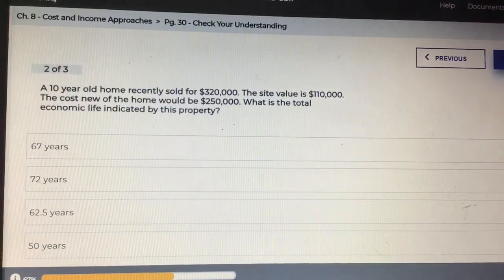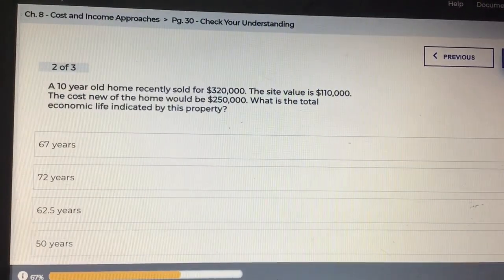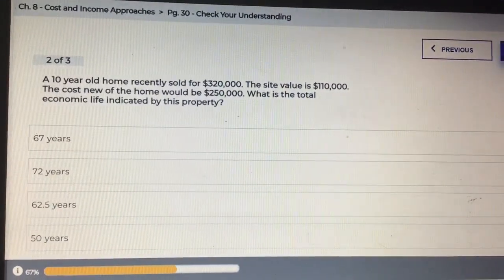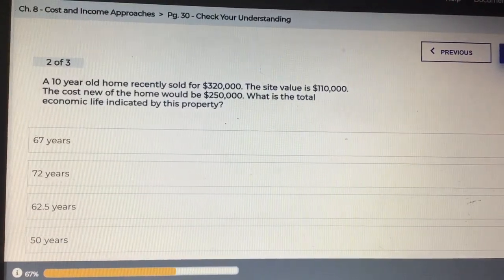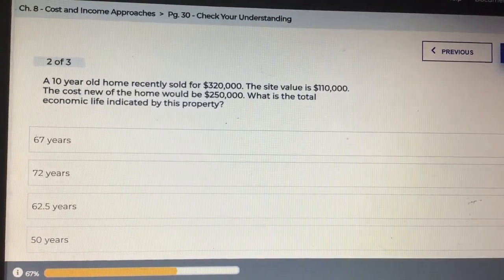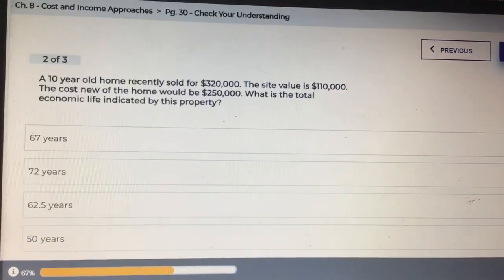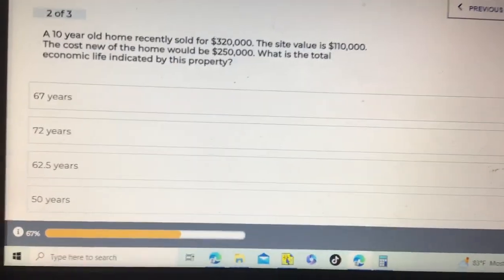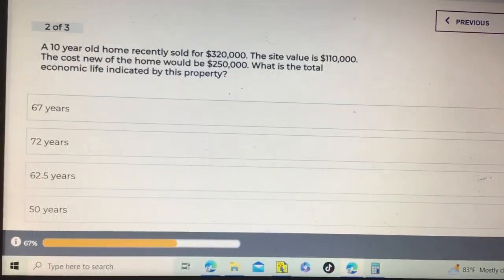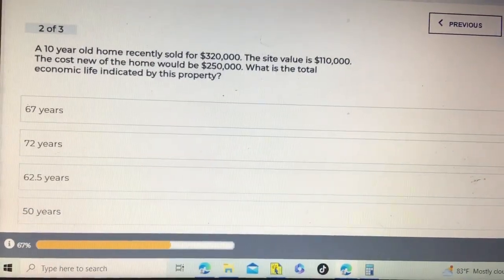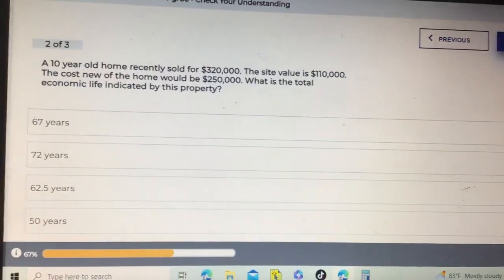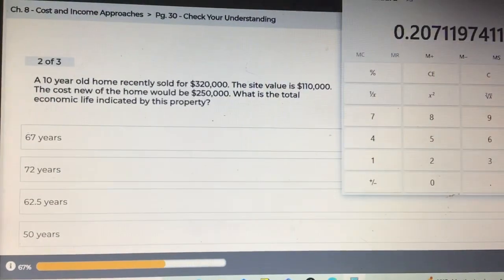Okay, I think this one goes kind of the same way. I don't think you really have to do anything with the number of years, the 10-year; I think it's kind of misleading. So open the calculator, pretty much the same thing we just did.